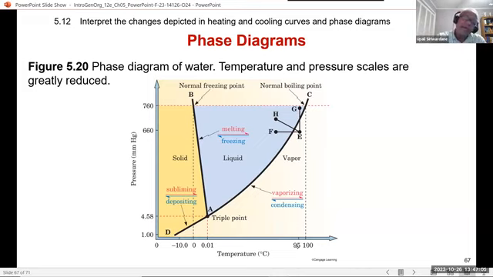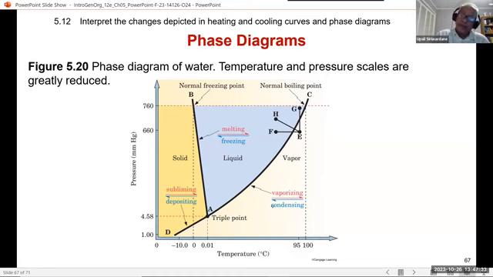In between the x and y axes, the middle area is the liquid phase. And the area next to the x-axis is the gas phase. There are solid, liquid, and vapor phases.